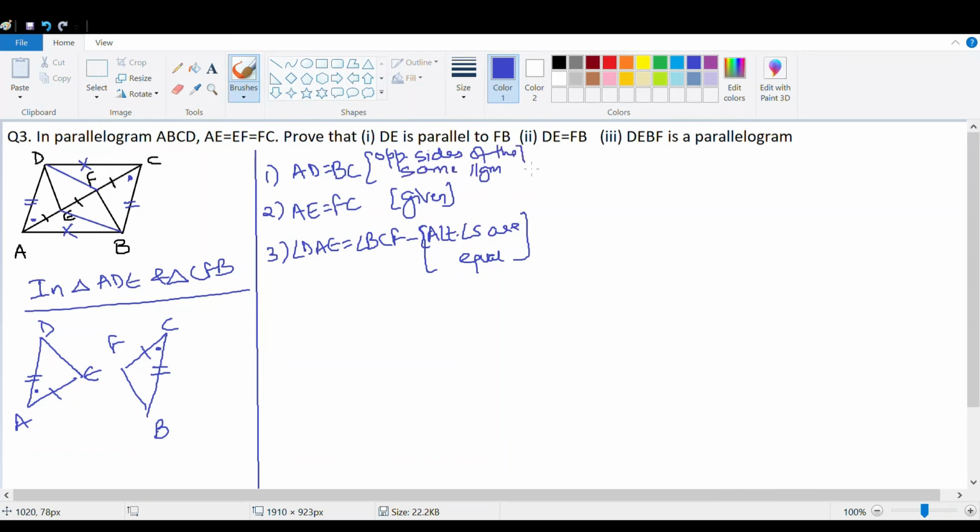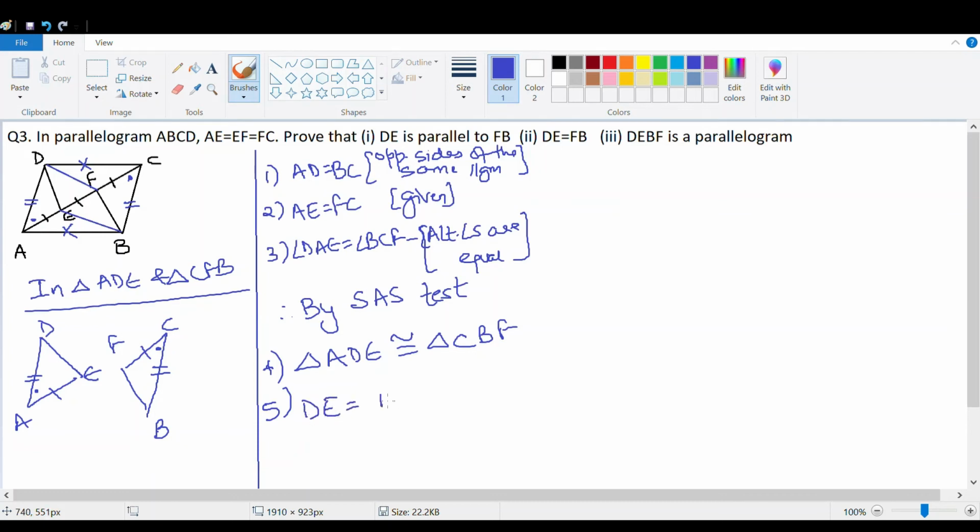So opposite sides of the same parallelogram are equal. Therefore, by side angle side test, triangle ADE is congruent to triangle CBF. Perfect. Which means this is point number 4, which means I can get DE is equal to BF. So I get DE and BF are equal.